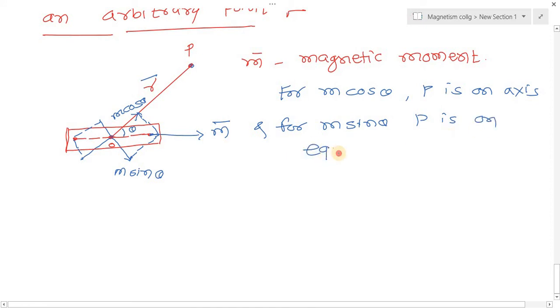So for m cos theta, P is an axial point, and for m sin theta, P is an equatorial point.